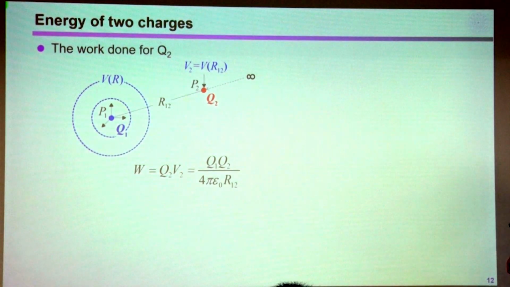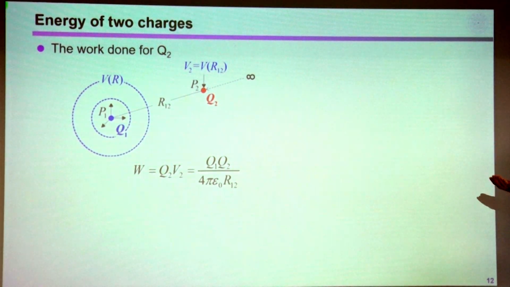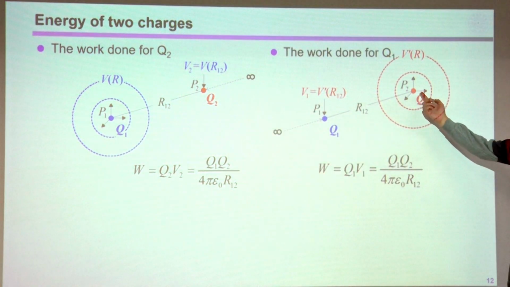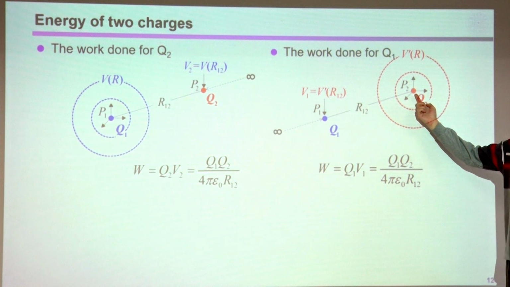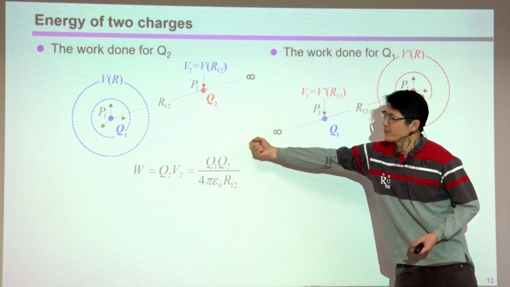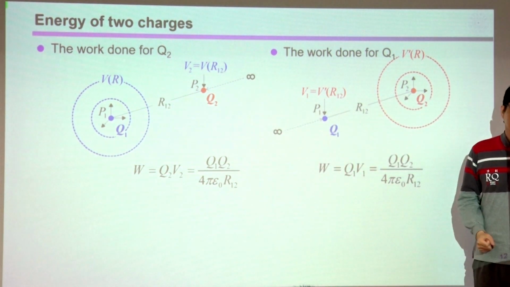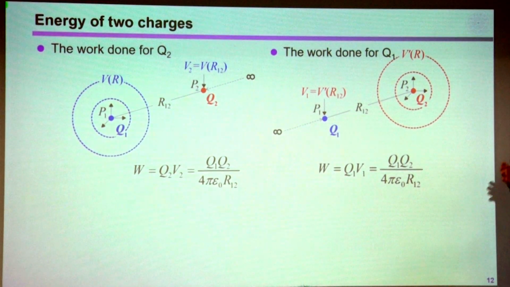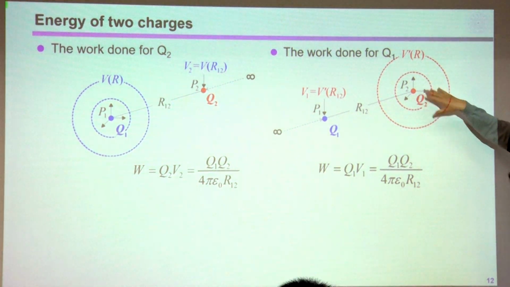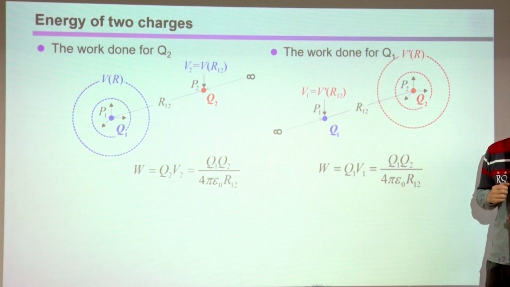But of course, you can also look at the same system from a different perspective. You can also say, well, initially in space, I already have the charged particle 2. Then I bring the first particle from far away to this location. Right? So in this case, charged particle 2 is already present, and I bring the first charge to here.